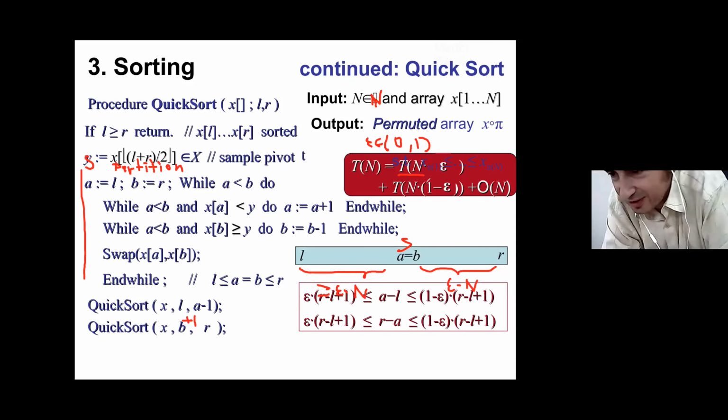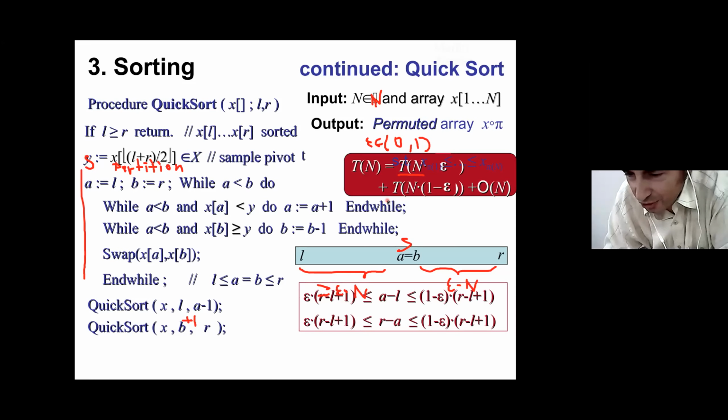So the complexity estimate will come from putting s to be exactly epsilon times n from the left or from the right. Then you have two recursive calls over the size of n times epsilon, n times 1 minus epsilon, and then you get this recursion for the complexity estimate of quicksort.